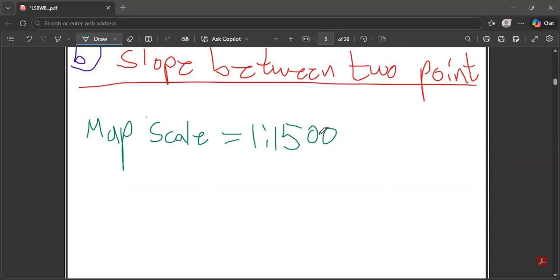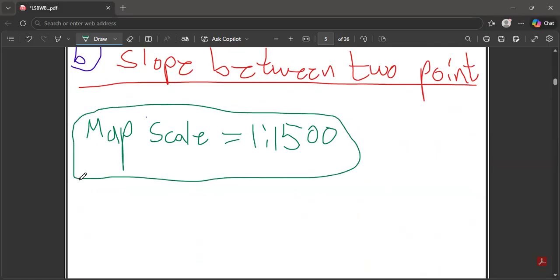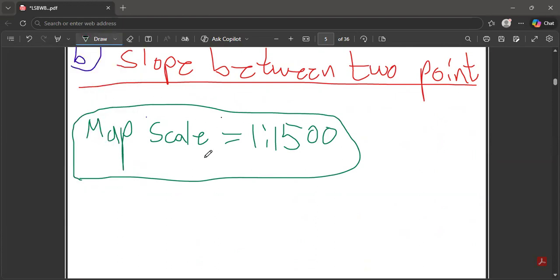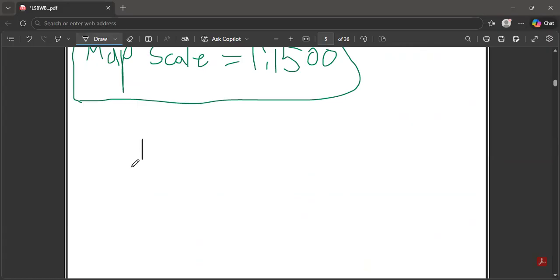That scale that was given to you, we have to compare it to be able to solve our work. This is key and essential information to solving the work. So we can now compare this to our information. This can also be written as 1:1,500.